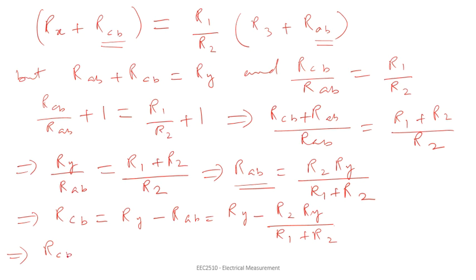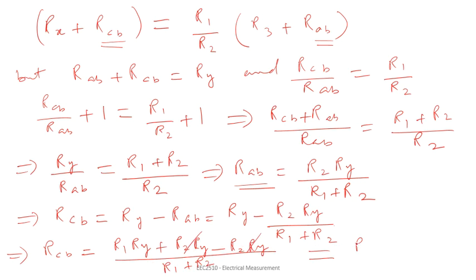So this resistance RCB will be equal to R1 Ry plus R2 Ry minus R2 Ry over R1 plus R2. This will get cancelled, and finally you get RCB equals R1 Ry over R1 plus R2.